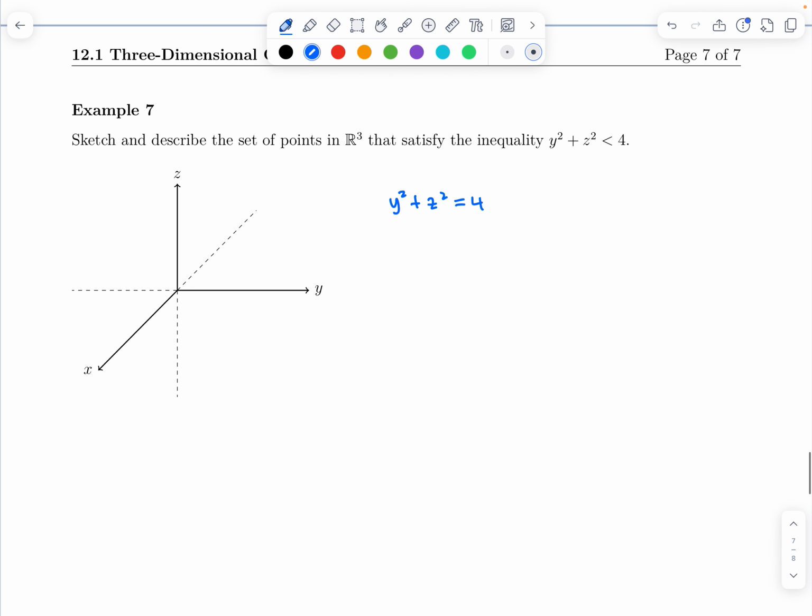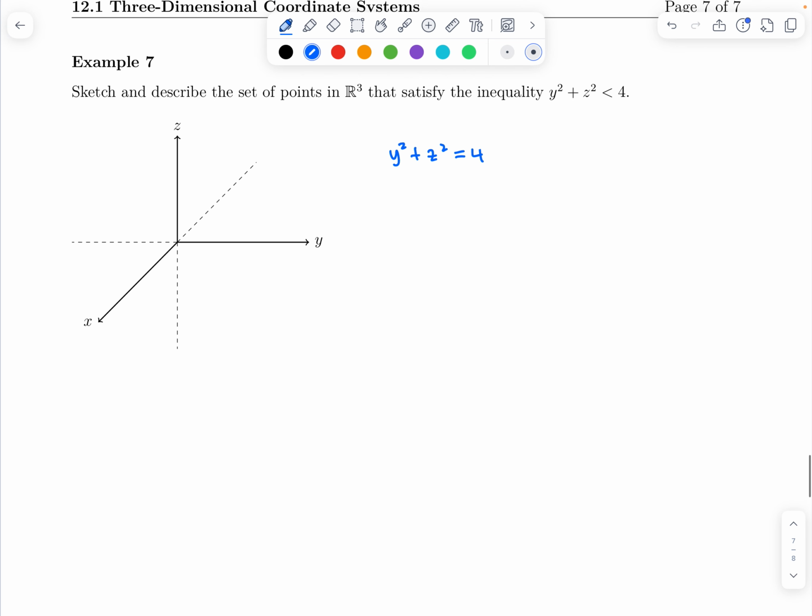What we said we can do when there's a variable missing from the equation is draw it as if you are in the two-variable plane for the variables that are present. And when you move it to 3D space, you're then going to stretch it into what we call a cylinder along the axis of the variable that is not part of the equation.